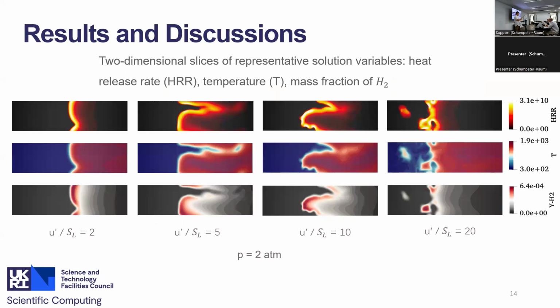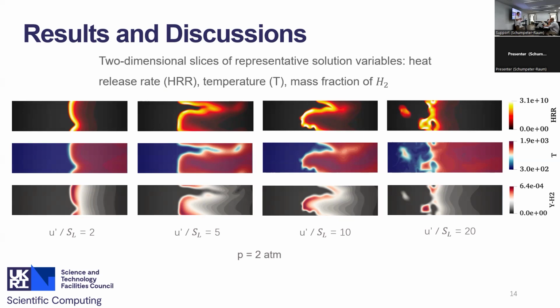And this is the 2D section of the simulations at 2 ATM, and you see how the turbulence interacts with the flame front. With higher velocity fluctuations, the flame is disturbed much more strongly. And you see, for some cases, the high temperature zone is observed much upstream of the flame.